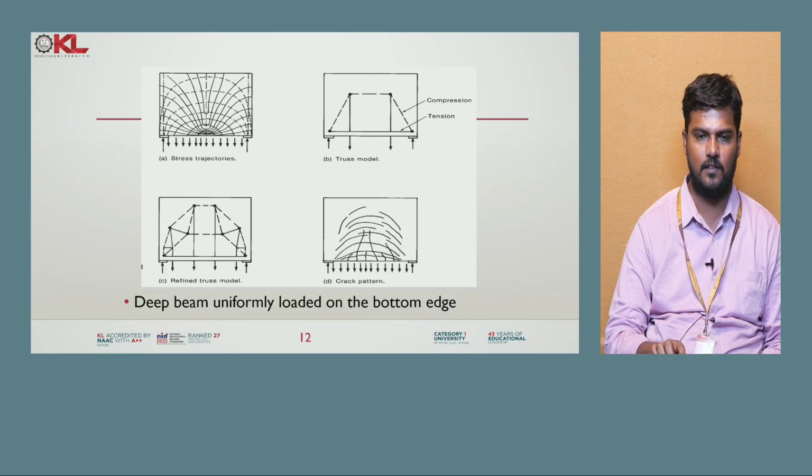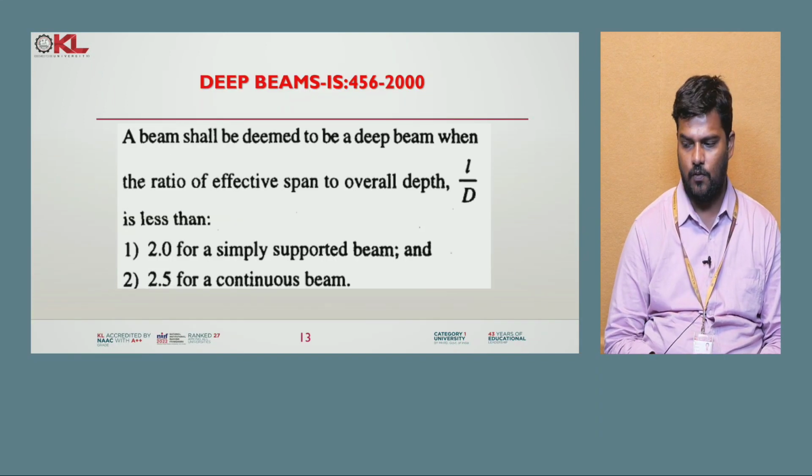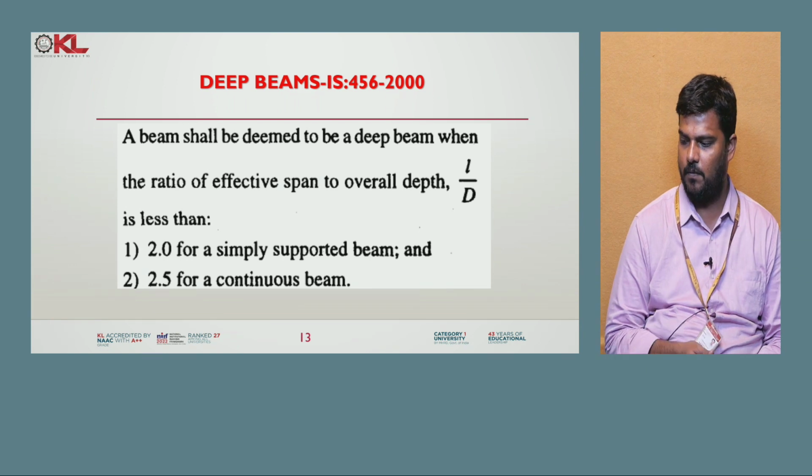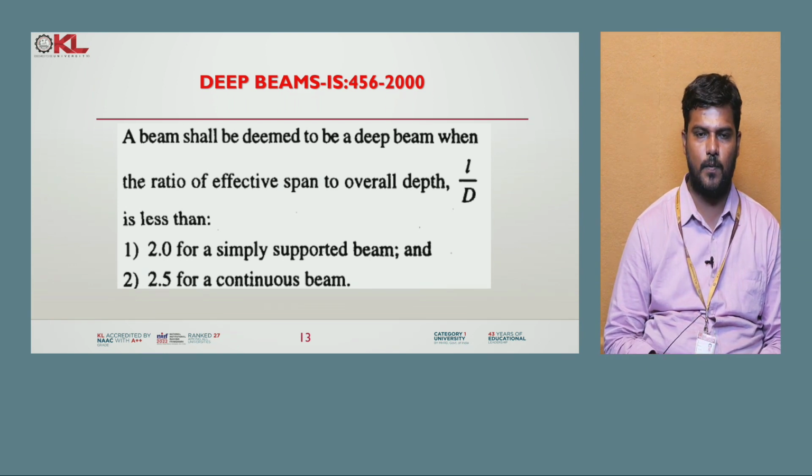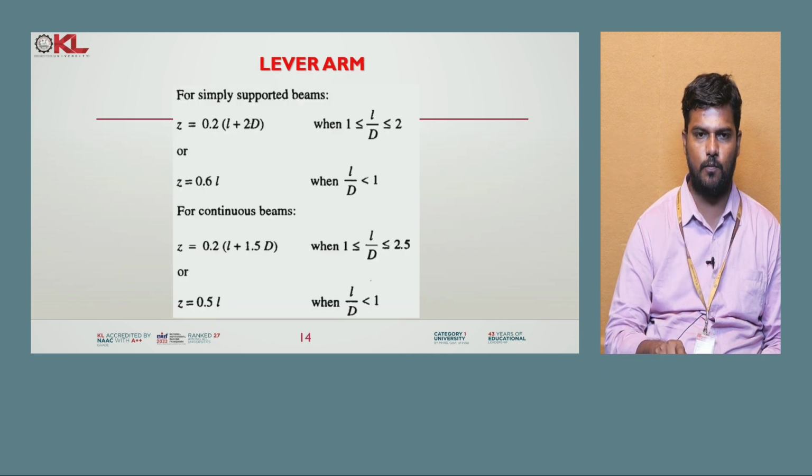And coming to the crack patterns, here we will get the crack patterns in the case of shear cracks. So, coming to the definition of the deep beam, as per IS 456, a beam shall be called a deep beam when the ratio of effective span to overall depth, that is the L by D ratio, is less than 2 for a simply supported beam, and less than 2.5 for a continuous beam.